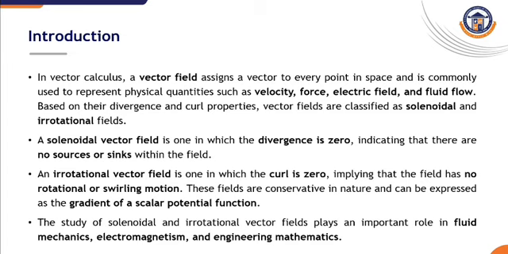These fields are conservative in nature and can be expressed as the gradient of a scalar potential function. The study of solenoidal and irrotational vector fields plays an important role in fluid mechanics, electromagnetism and engineering mathematics areas.